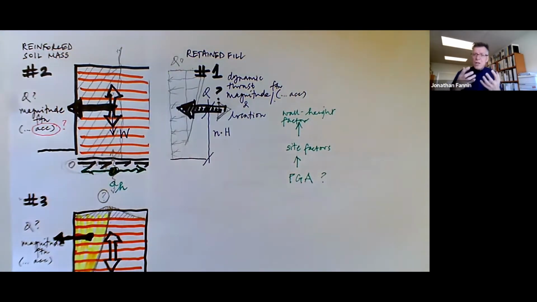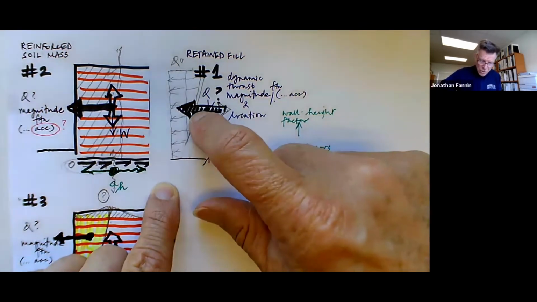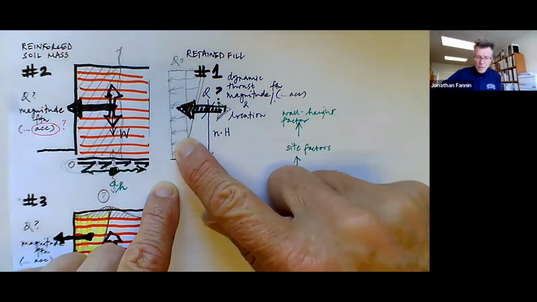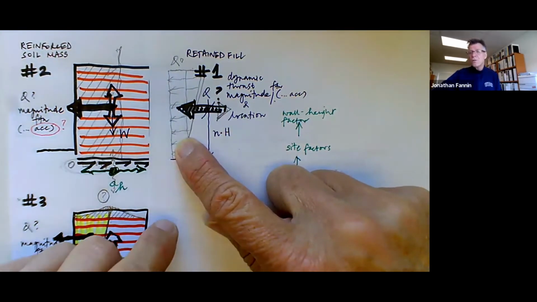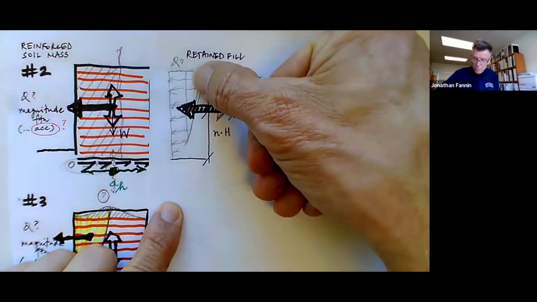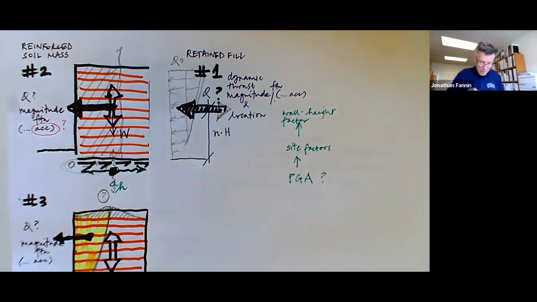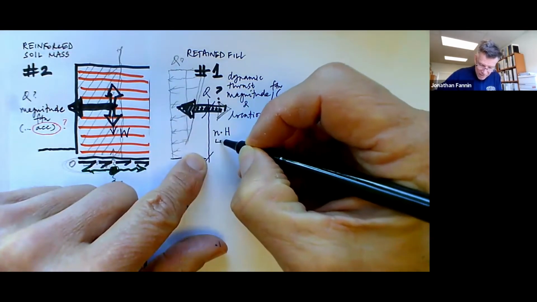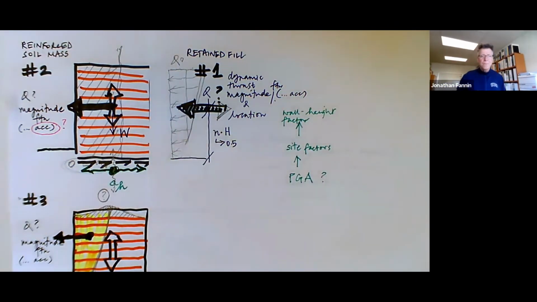And things have changed over time. In 2001, the nature of the profile of the thrust on the back of the wall was different to what it is in 2009, where it's assumed uniform over the height of the structure, and the point of application is halfway up the height, 0.5H.